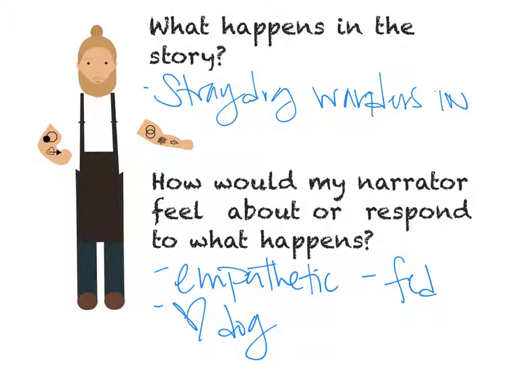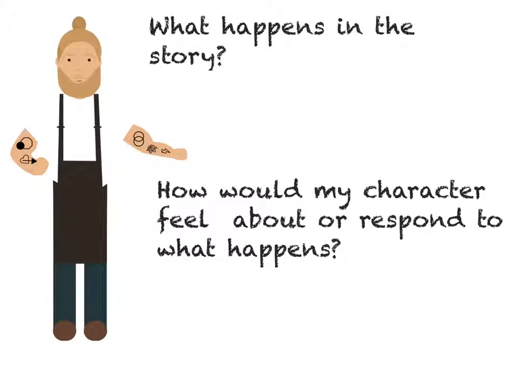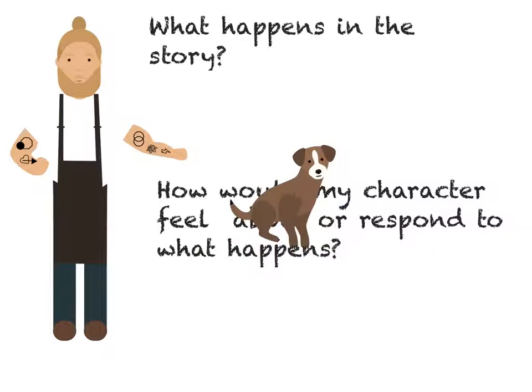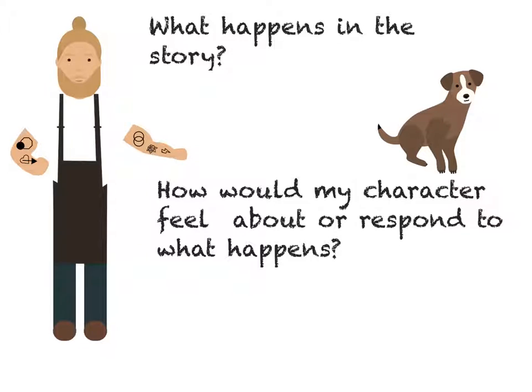Okay, so let's try writing from my point of view. Start to think about what happens in the story and how my character would then feel or respond to what happens. So I'm going to say that in my story my hipster dude is going to find a little stray dog sitting outside the coffee shop. And so he's going to have to decide what to do with this stray dog.